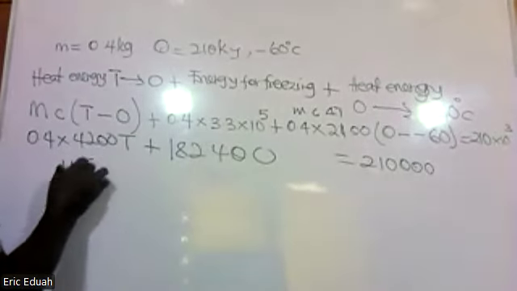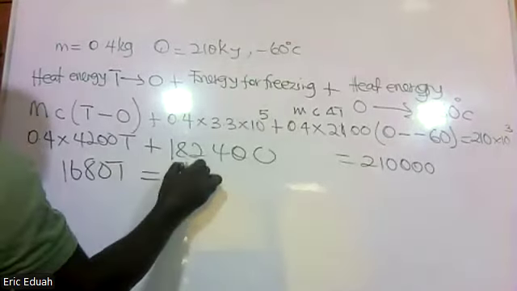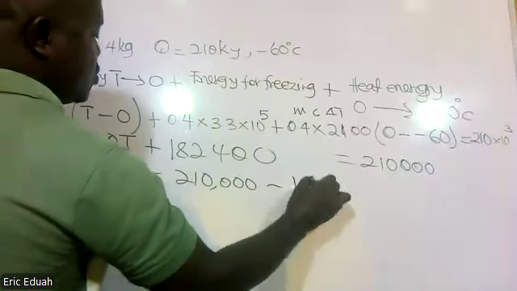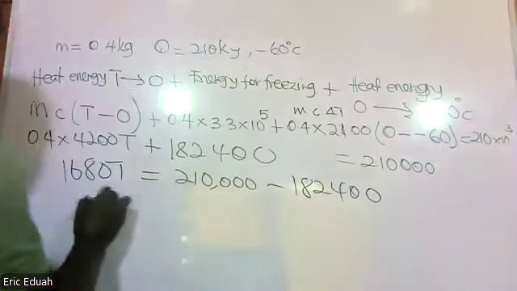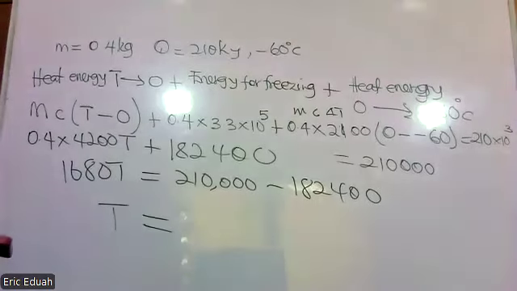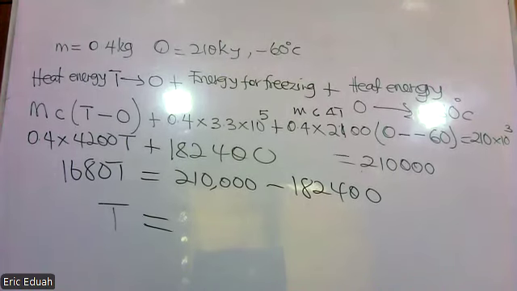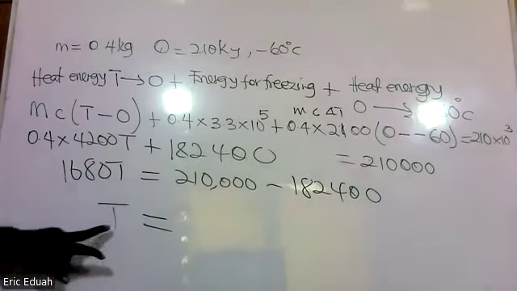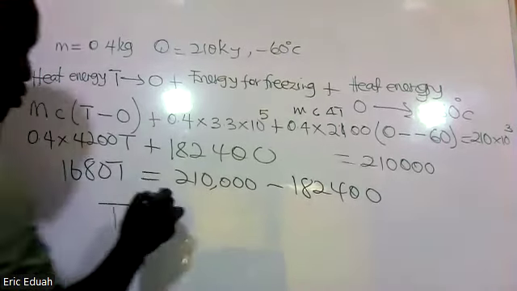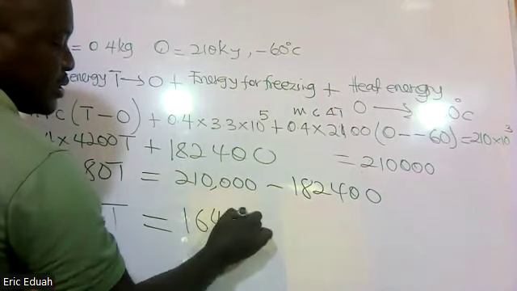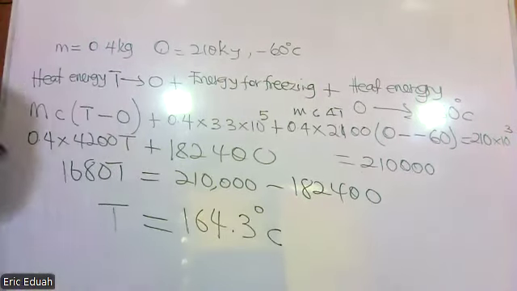So 1680 T is equal to 210 minus 182,400, and T will be equal to 164.3 degrees Celsius. Yes.